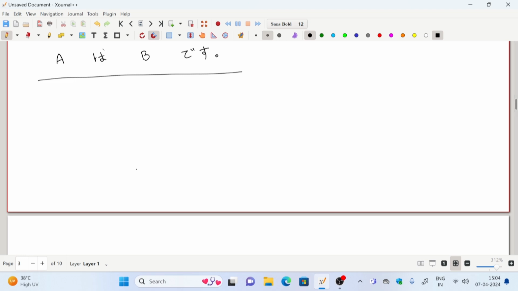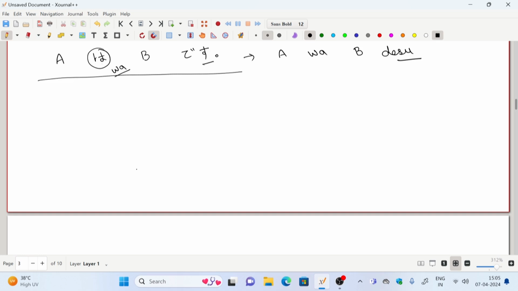We'll write ha, but we will read it as wa. A wa B desu. We'll write desu, but we will read it as des. Su will not be read as su.